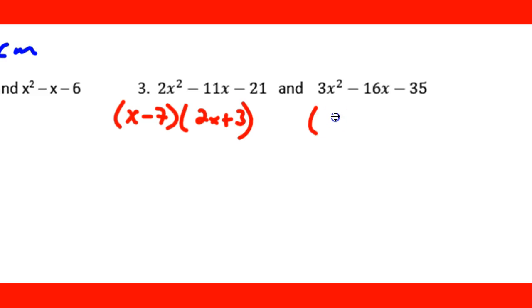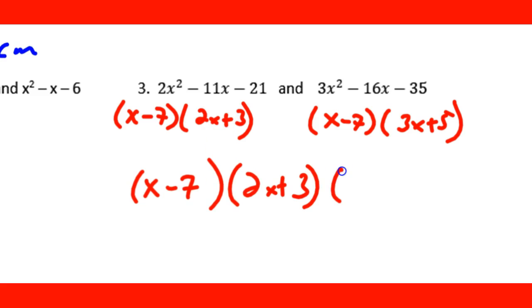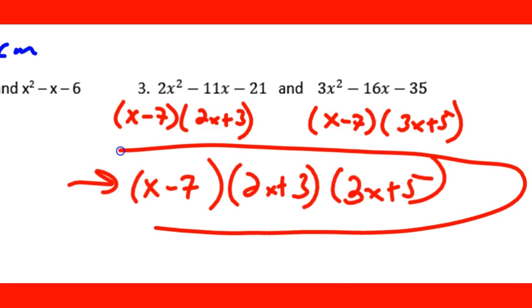And over here, you have x minus 7 and 3x plus 5. So now they have x minus 7 in common. And then you also have to include the stuff that they don't have in common. Here's our least common multiple right here.